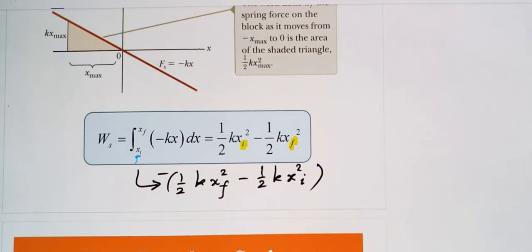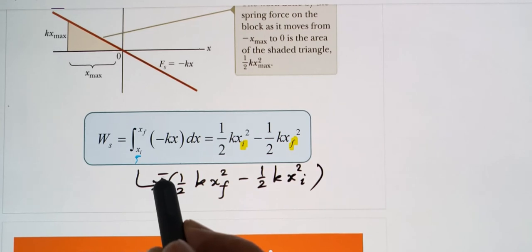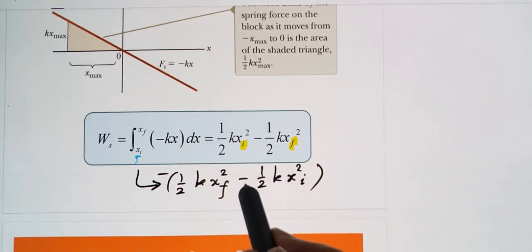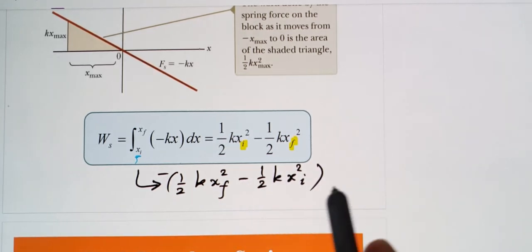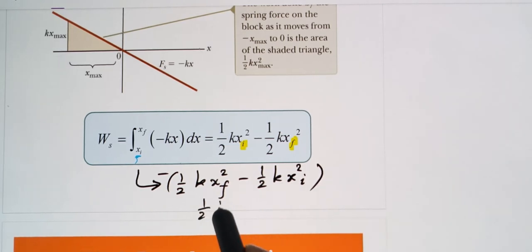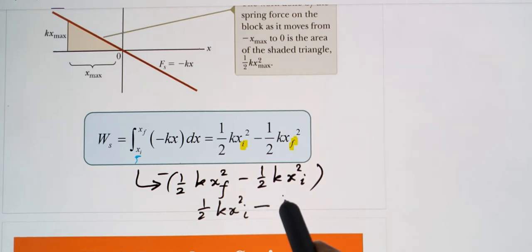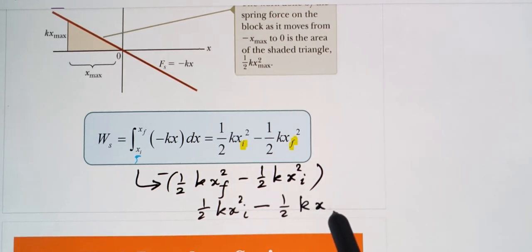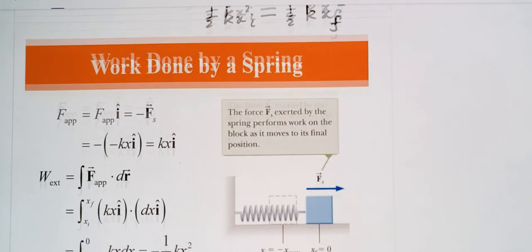Minus and minus become positive, so you end up with half kx initial squared minus half kx final squared. So be careful about that.